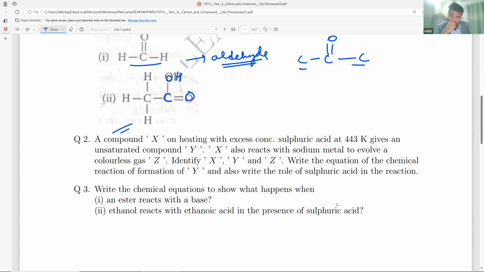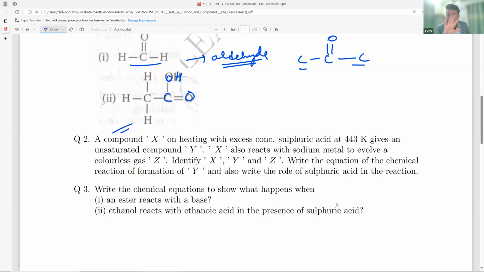Hydrogen gas. Is it mentioned here that the compound X should be a 2-carbon compound? It is written only compound X. Is it shown anywhere that it is a 2-carbon compound?